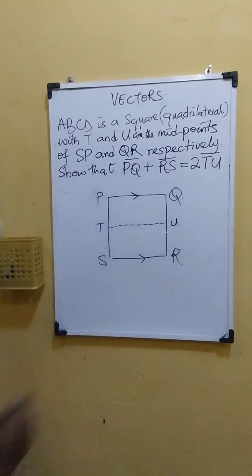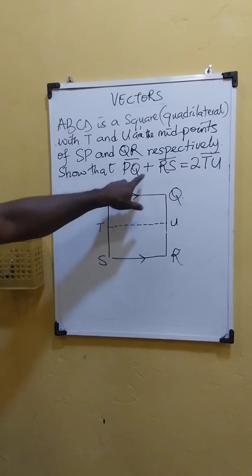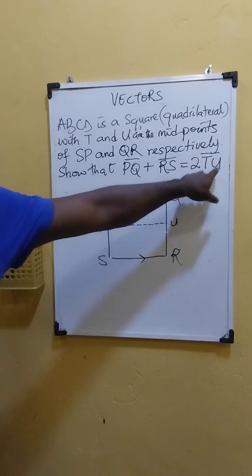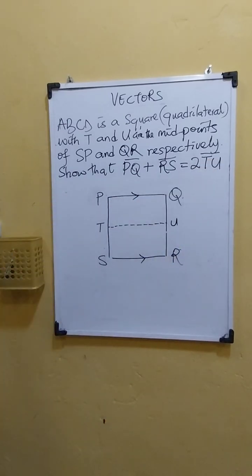So now that you have presented it this way, you are told to show that PQ plus RS is equal to 2TU. So you need to do some work now and make a proof. So how do you make this proof?